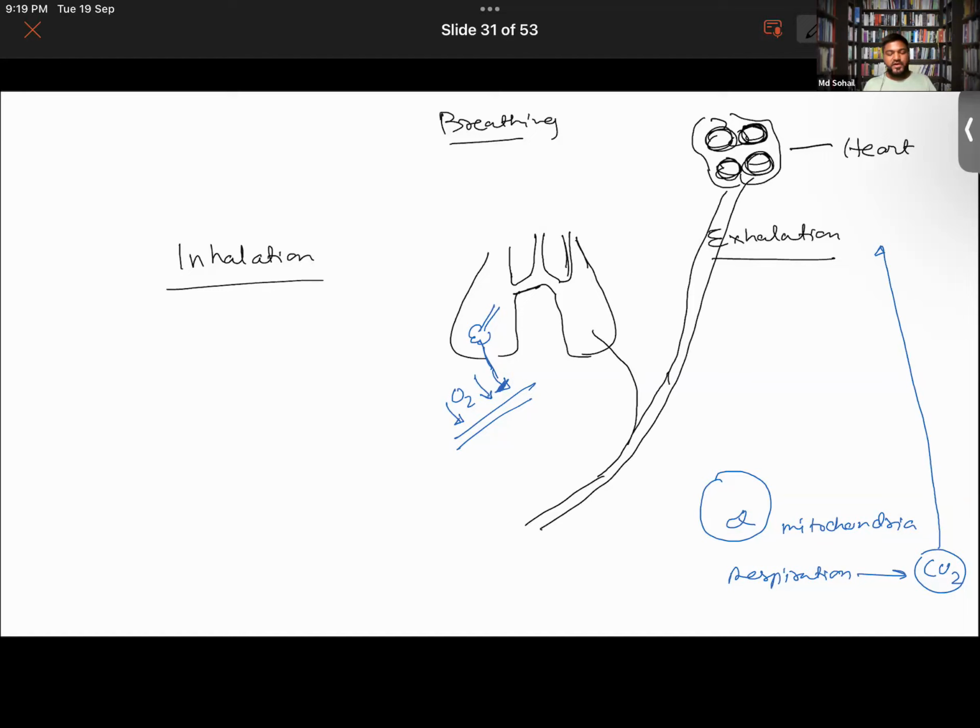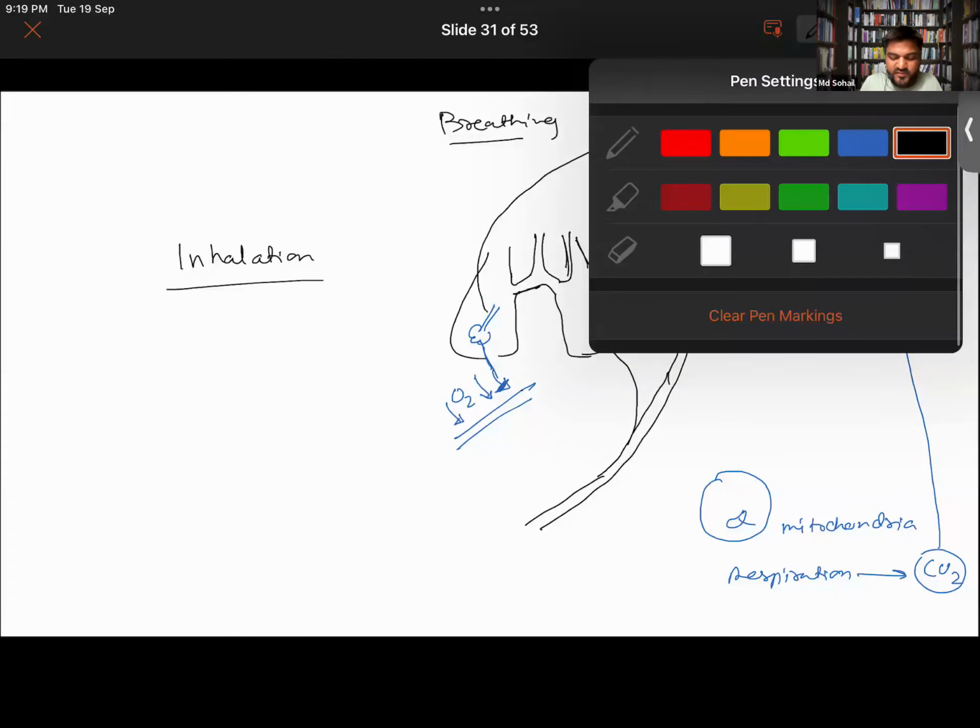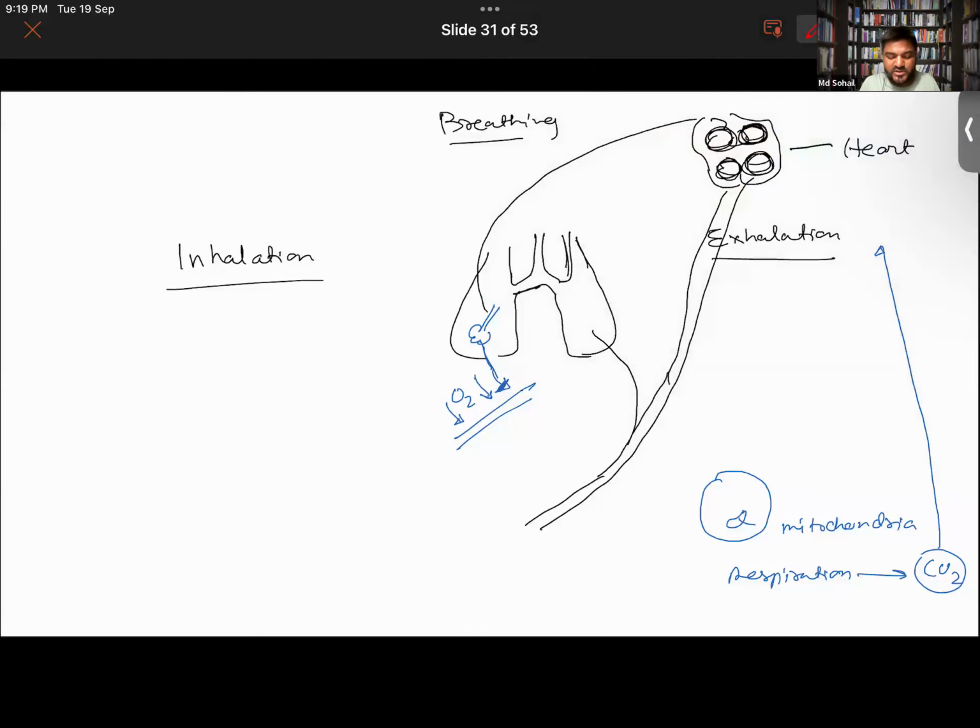So the function of the heart in the human body is this. It takes up the oxygenated blood coming from the lungs. Let's say the oxygenated blood is coming from this lung. Just for graphical representation, I'm showing it here. It's not exact, just to make you understand.